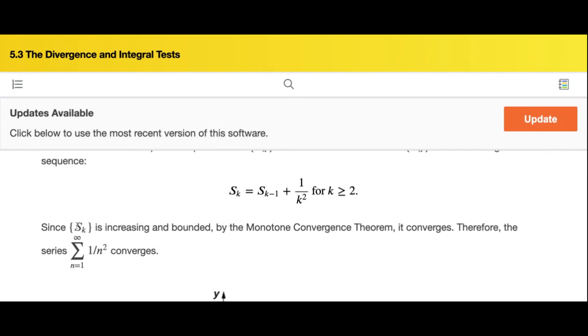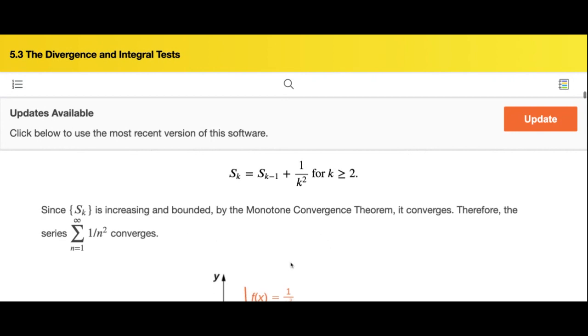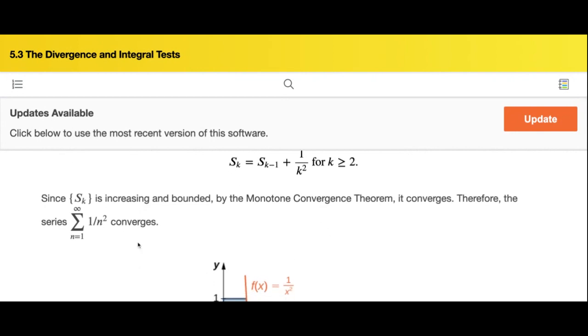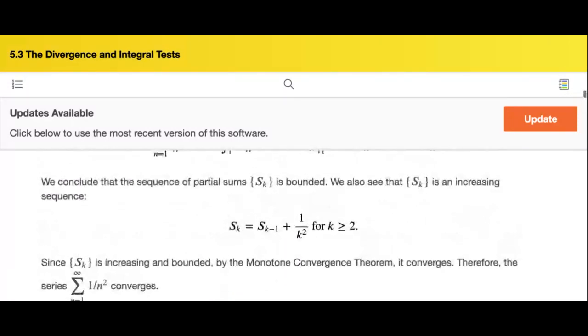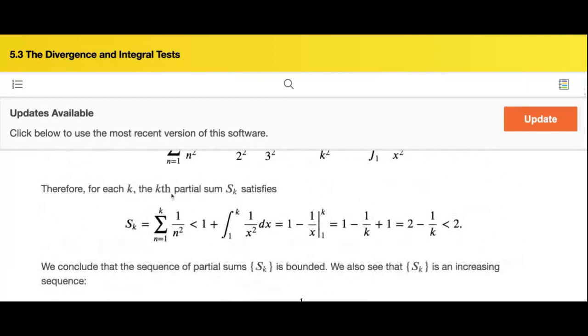We say this set of s_k's is increasing and bounded, so by the theorem, it converges. Therefore, this series converges. And later on, we're going to see another proof, called the P series. This is also called a P series. Okay, any questions? So this basically is the proof.